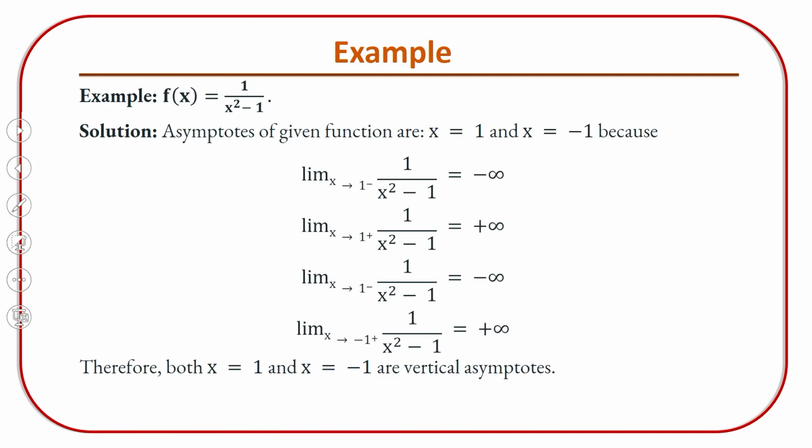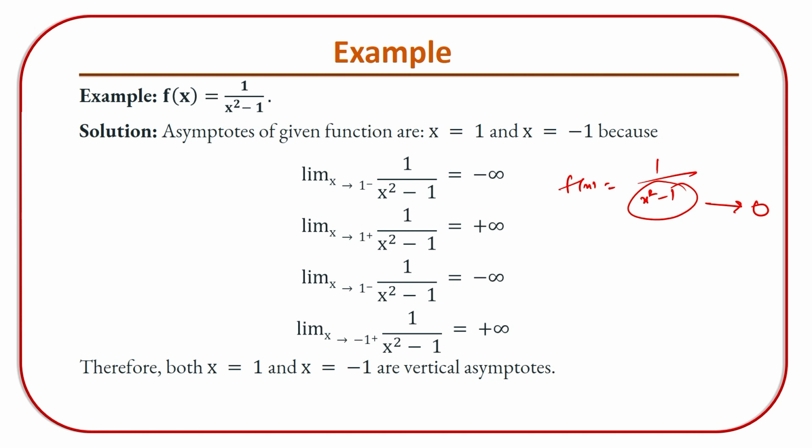Now look at that one, f of x equal to 1 by x square minus 1. I can write x square minus 1 tends to 0, right? So the denominator becomes 0, which means the whole function tends to infinity.